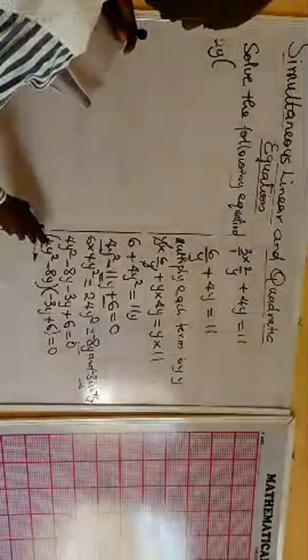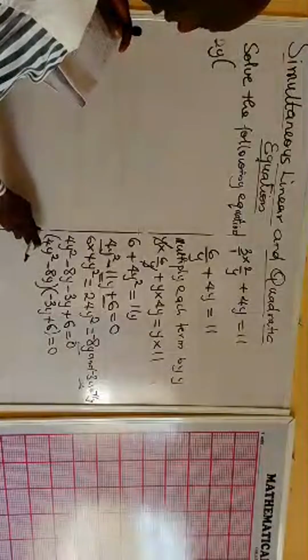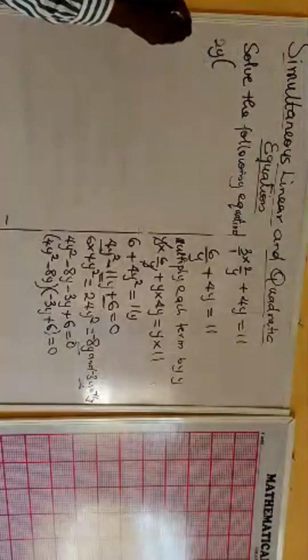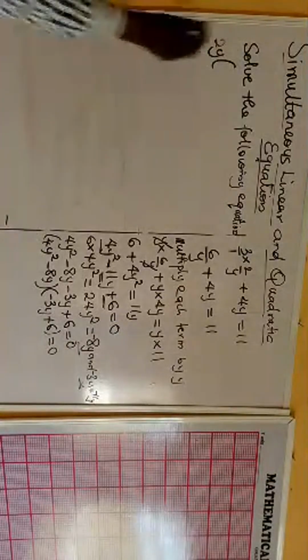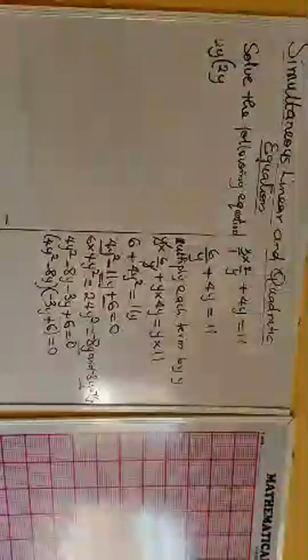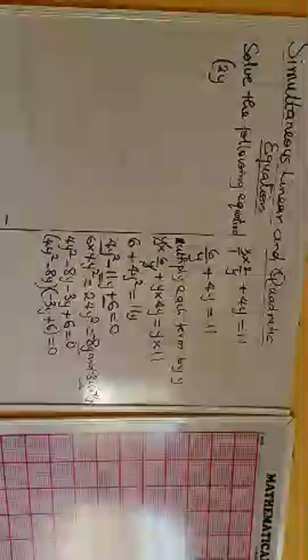When you use 2y to divide this, you are left with 2y. When you use 2y to divide this other place, you are left with, okay, let me use 4y, sorry.